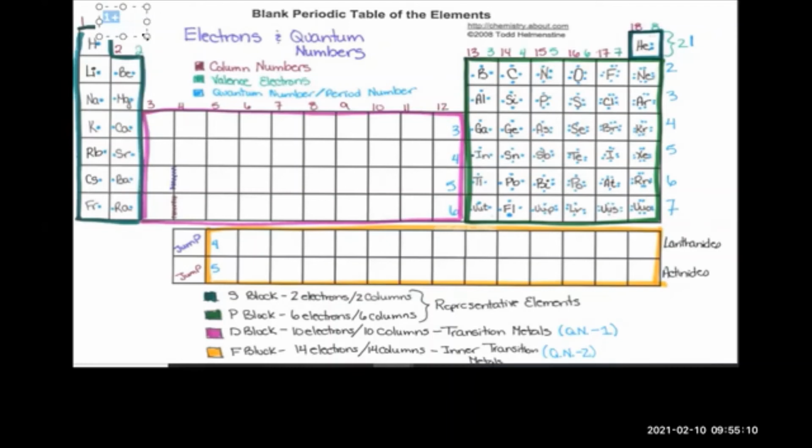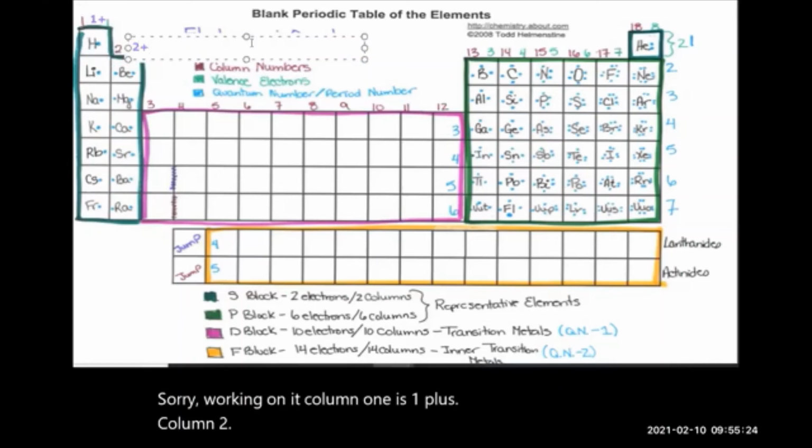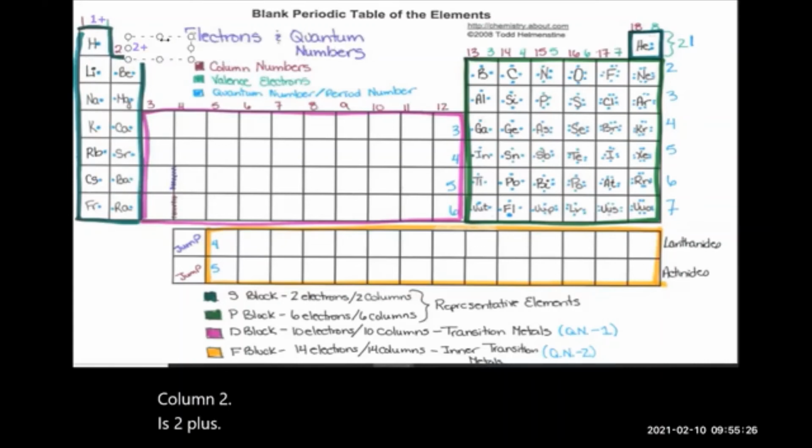Sorry, working on it. Column 1 is 1 plus. Column 2 is 2 plus. Column 13 is 3 plus. That wasn't very good. Sorry, guys.